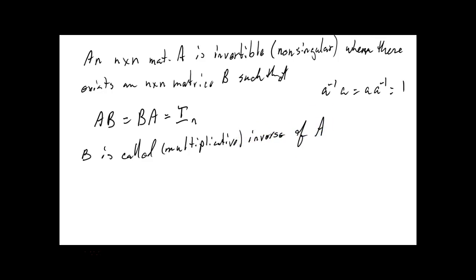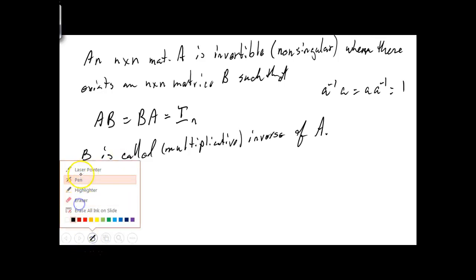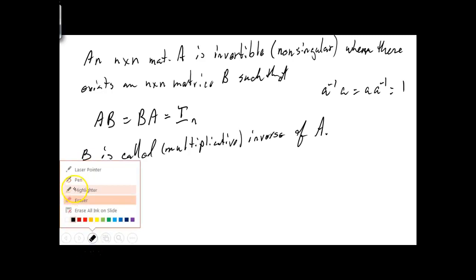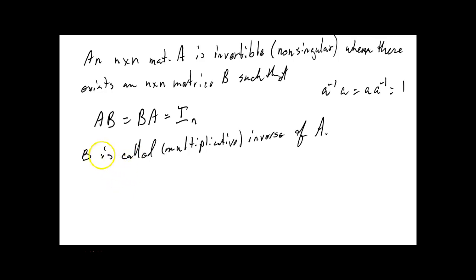Now, if there is no B, none, whether you can find it or not, if there is no B that will make that true, then we say that A, I'll word it the same way they do. I was trying to think of a shorter way to say it. Every way I try comes out longer. So let's just say it the way they do.